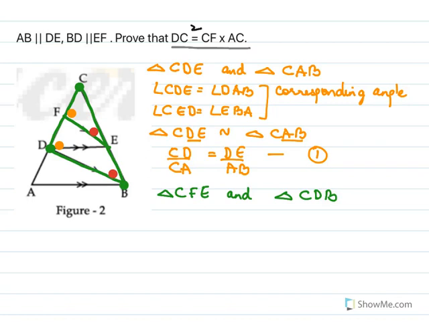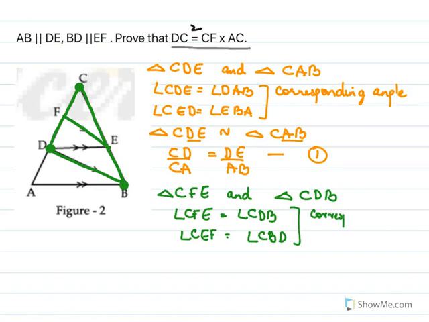So two angles are equal, the triangles are similar. Angle CFE will be equal to angle CDB, and here angle CEF will be equal to angle CBD, and this is also corresponding angles. So triangle CFE is similar to triangle CDB.